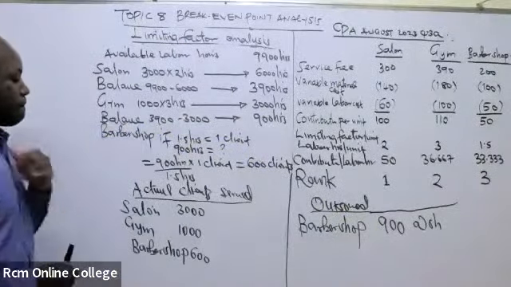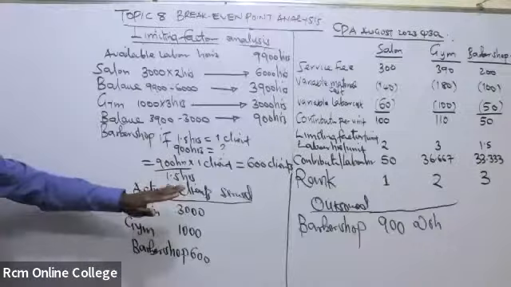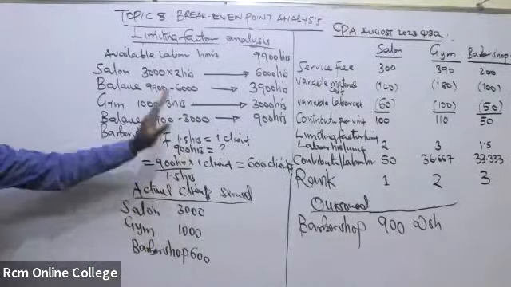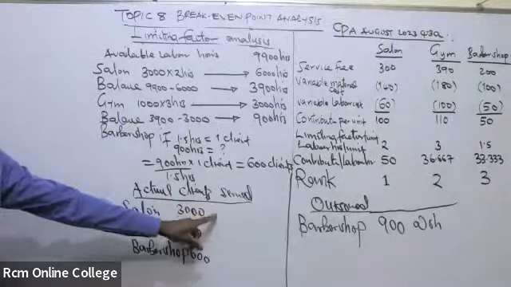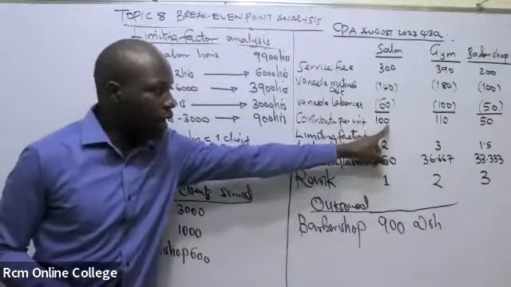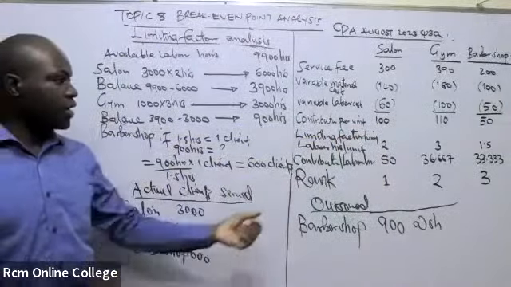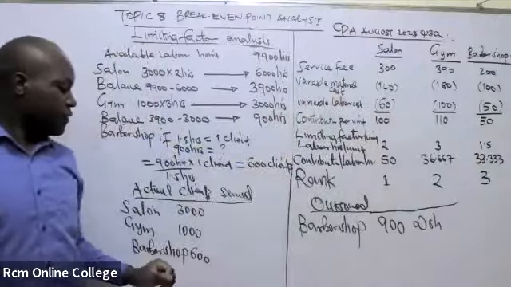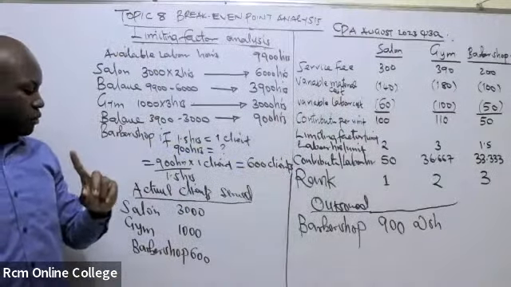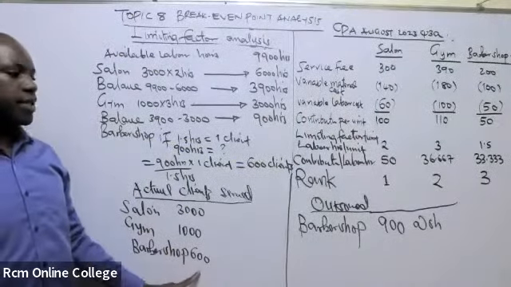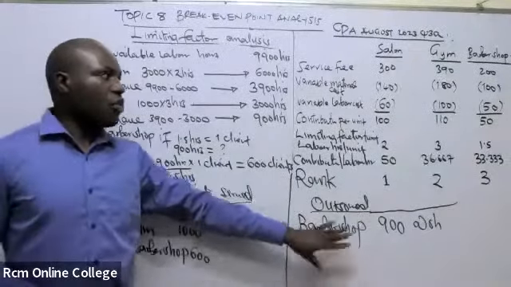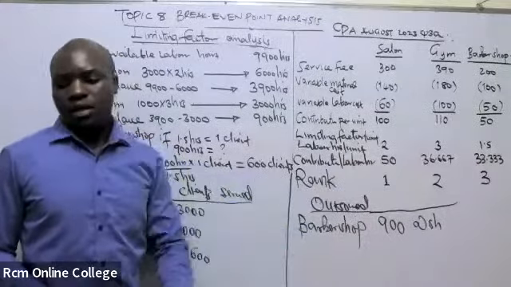Now, actual clients served, for us to get total contribution, it is 3,000 times 100, 1,000 times 110, 50 times 600. Then the outsourced, we have its own price. Good.